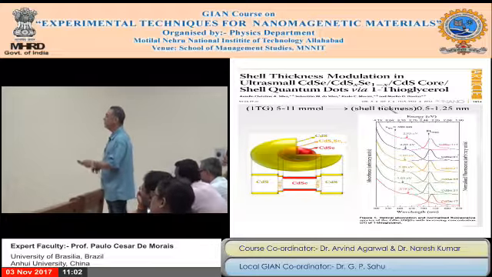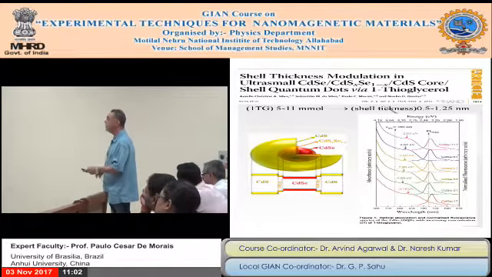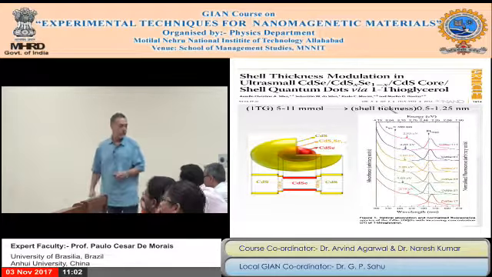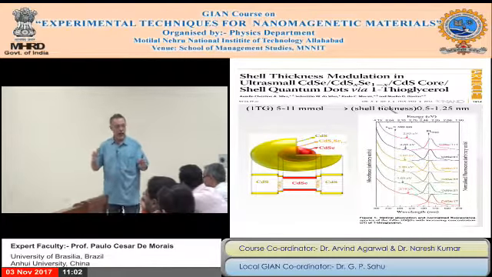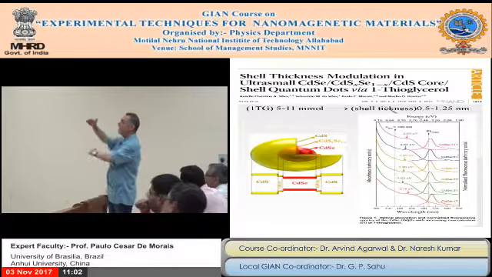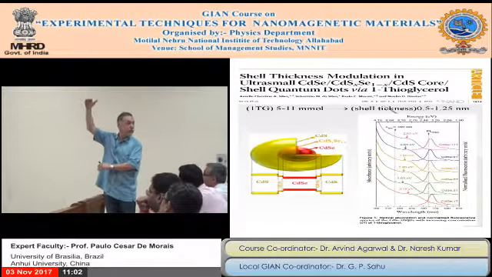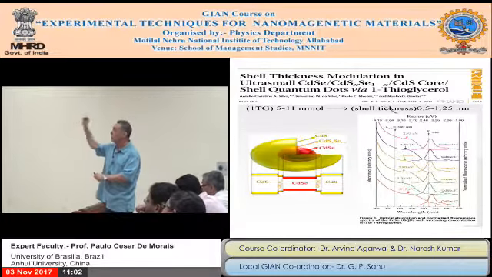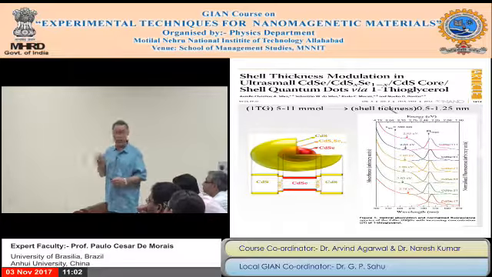Now, we synthesized this material in different conditions, so we managed to change the size of the core. If you change the size of the core, it shrinks, the energy levels go up, and then you might see this in the absorption and also in the PL. And we did.